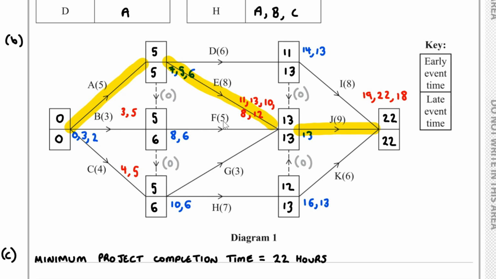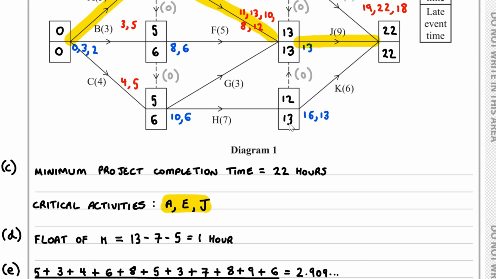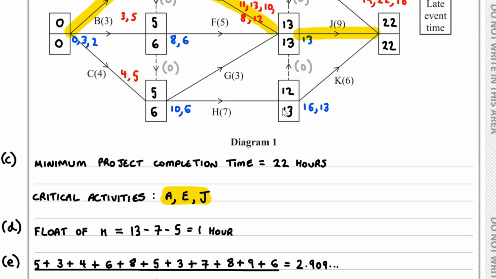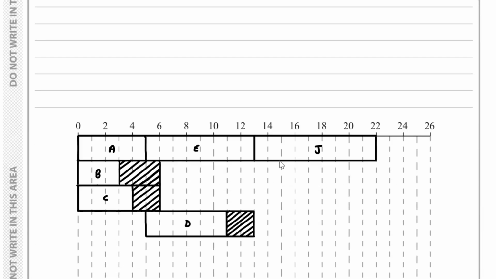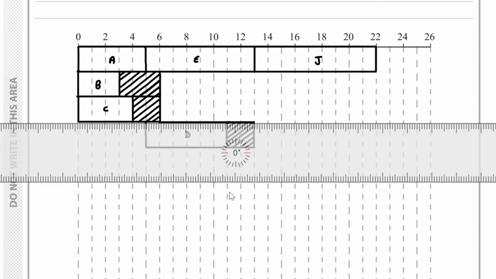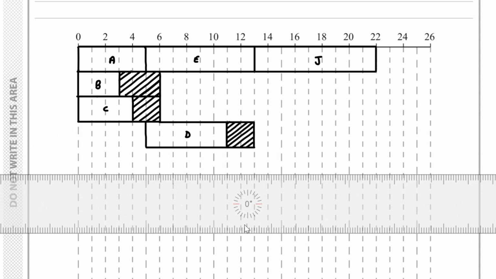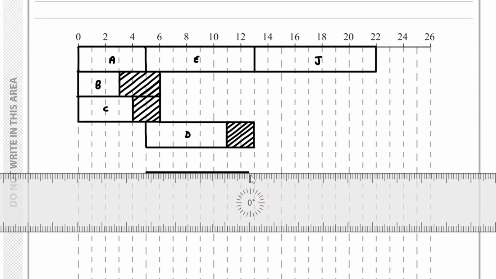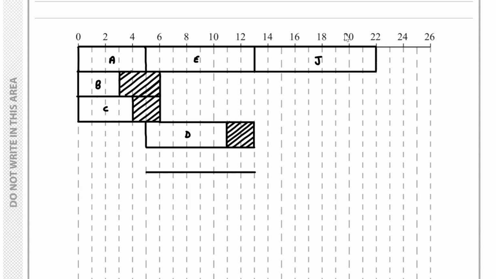Now let's add on F. Starts at 5, duration 5, and that will take us up to 10, and then we finish at 13. So if we add this on, same thing again. This will be the same length.